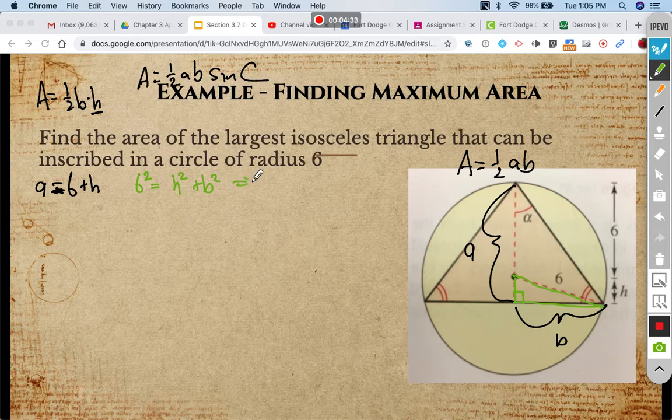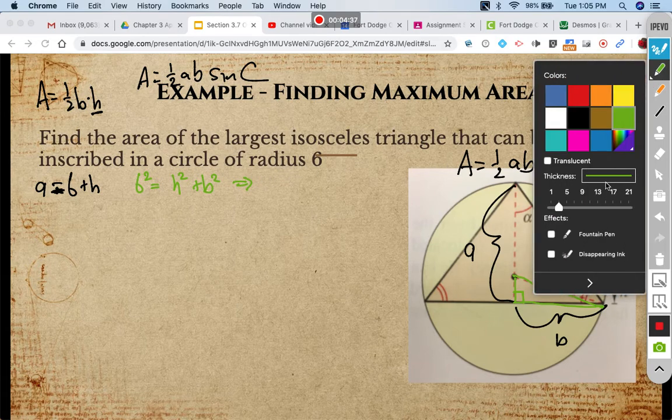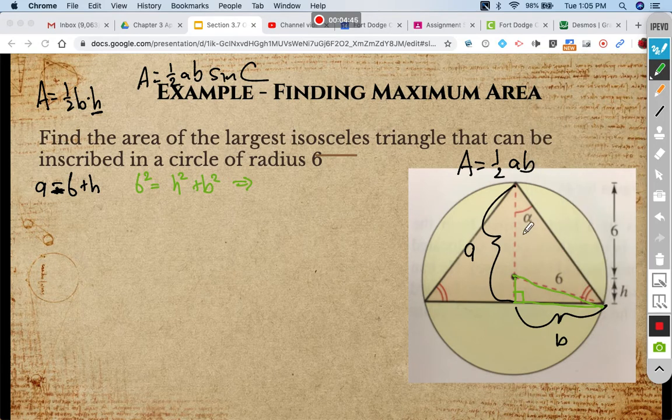So B is going to be the square root of 36 minus h squared. In this case, I can get both A and B in terms of the variable h.